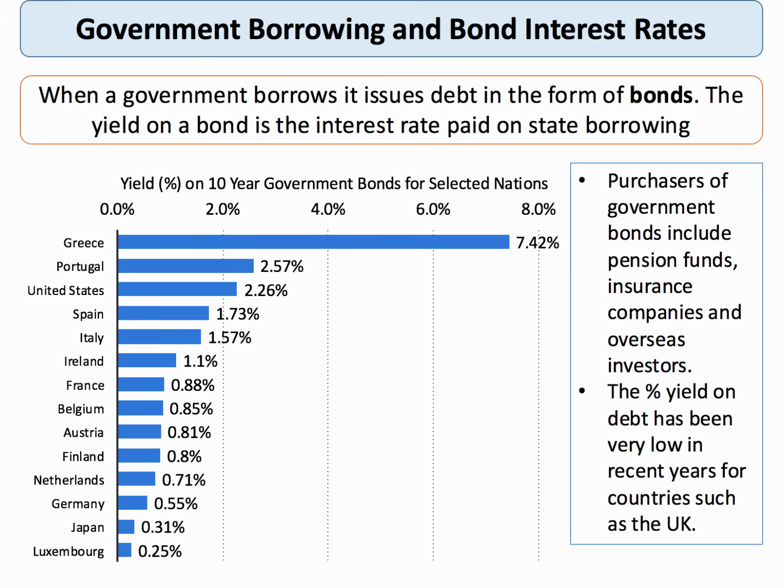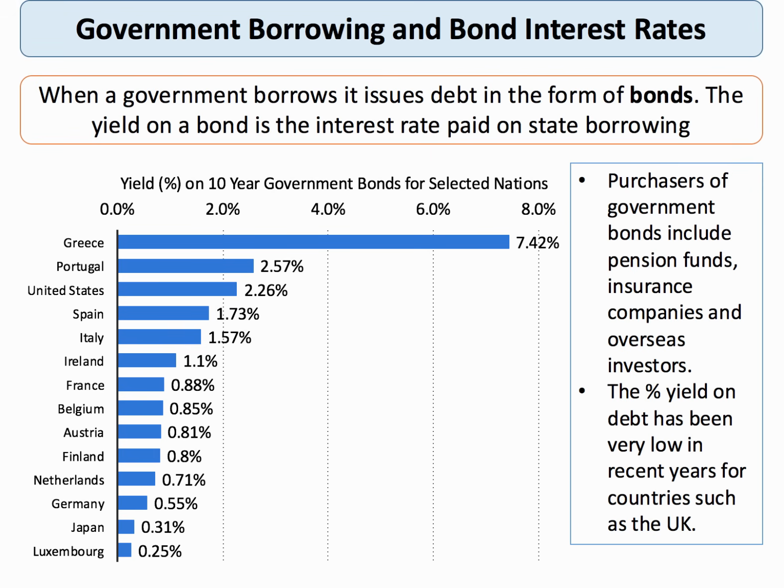The yield is effectively the interest rate on a government bond in percentage terms. A government bond, let's say worth £1,000, will pay a fixed interest, let's say £50. The interest is fixed, so if you've got £50 of interest and the bond costs £1,000, then effectively the interest rate on that bond is 50 over 1,000, in other words 5%. So the yield is the percentage cost of borrowing the debt for a government.